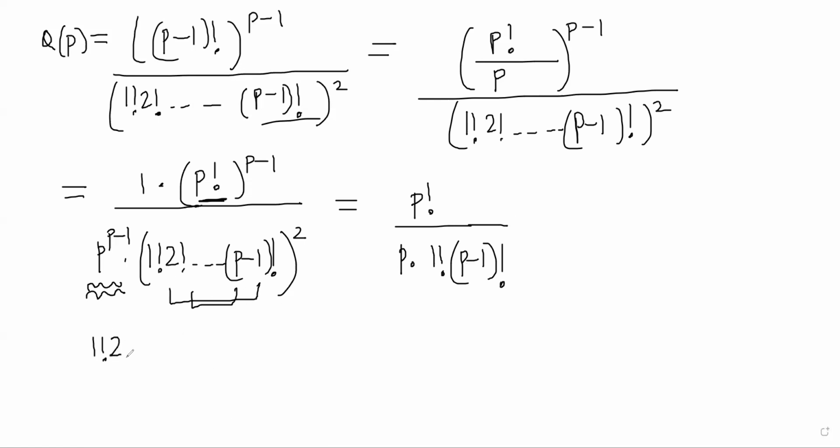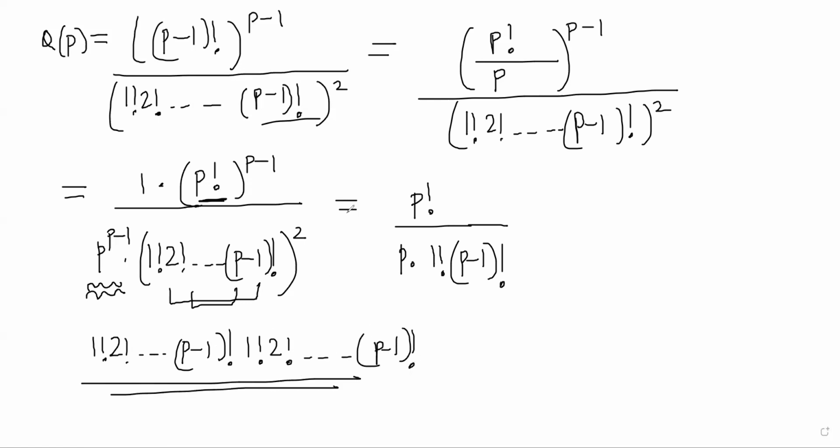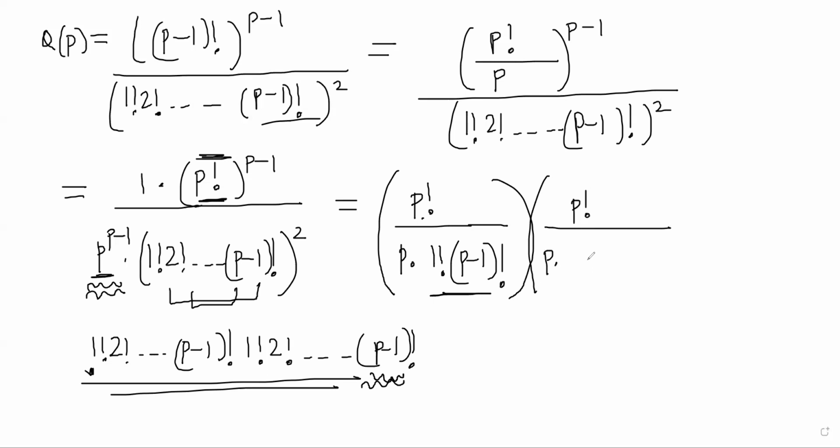This is 1 factorial, 2 factorial till p minus 1 factorial, and one more pair of 1 factorial, 2 factorial till p minus 1 factorial, right? Now what am I doing here? I am writing this as one term. This is p factorial, 1 p factorial from here, 1 factorial from here, and p minus 1 factorial from here, right? And 1 p from here. Then another term would be p factorial, one more, then 1 p here, and we have 2 factorial and p minus 2 factorial, right?